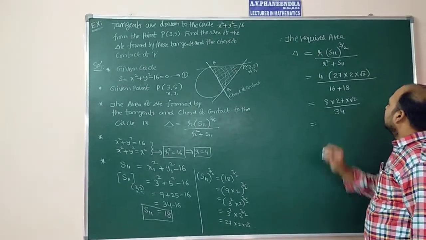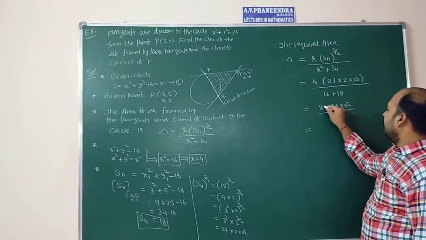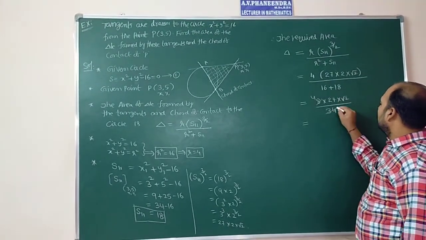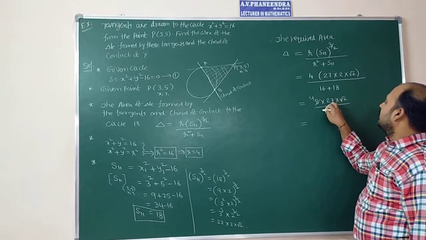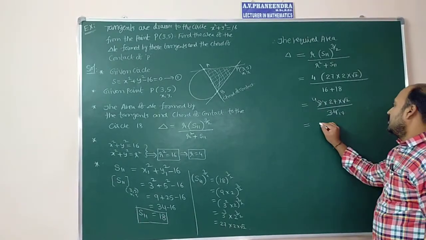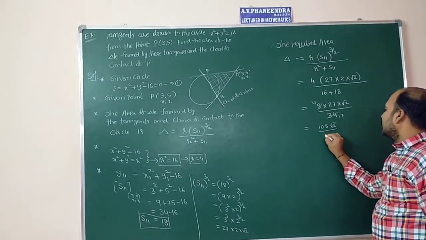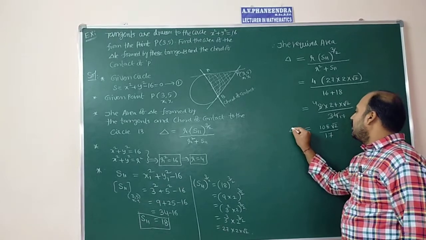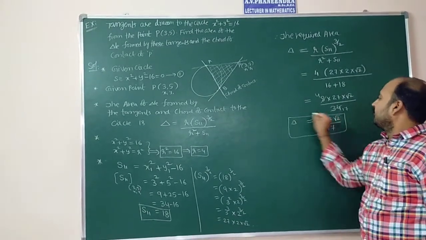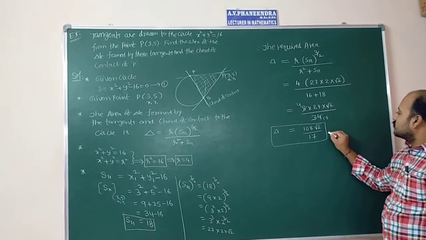So we can calculate by the 2 table. 2 fours are 2 seventeens, 27 into 4. It is 108 root 2 divided by 17. Therefore, the area of the triangle is 108 root 2 divided by 17 square units.